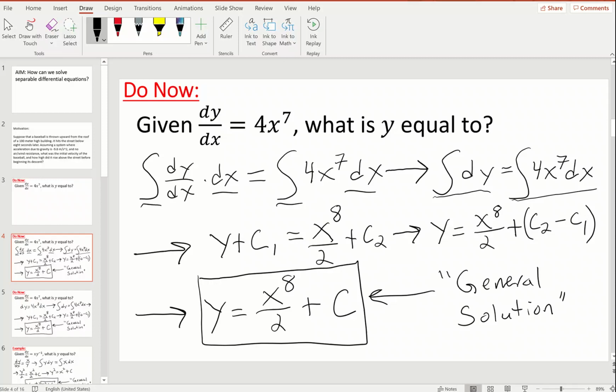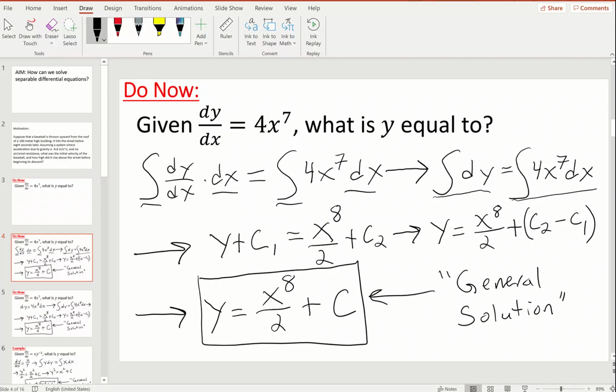Integrating the right side dx, you get x to the 8th over 2 plus c2. That's just the power rule on the right side. And notice that I have c1 and c2 because these are potentially two different constants. I don't know what they are. We know that there exists some constant of integration on the left side, some constant of integration on the right side.